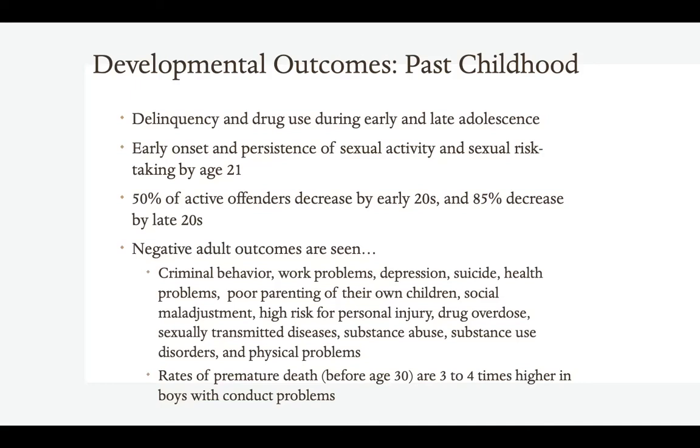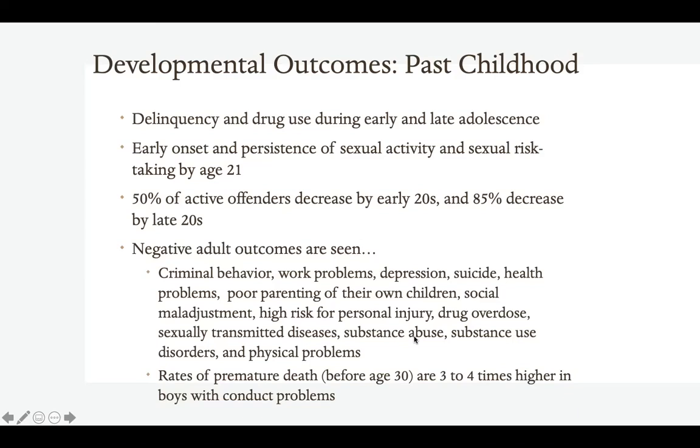Now, negative adult outcomes are seen, however, where there could be more criminal behaviors, problems with work, depression, suicide, and so on. You can take a look at this list here. It tends to be strongly associated with substance abuse and substance use disorders later on, so if you want to talk about comorbidities later in life, there is the disorder related to substance abuse.